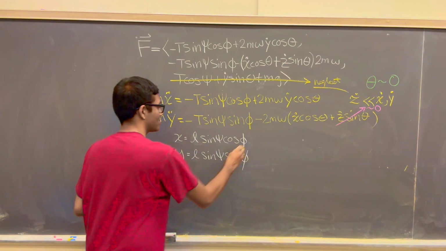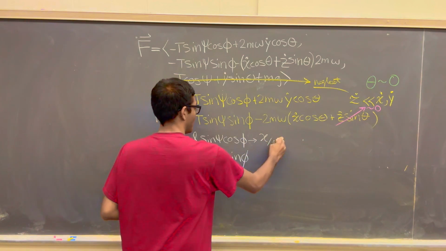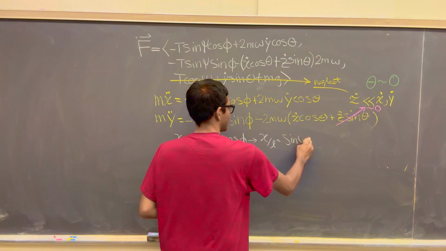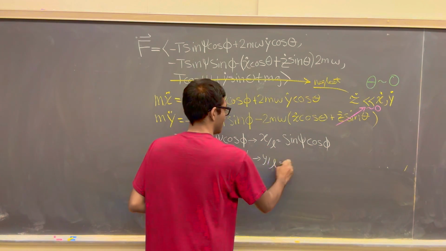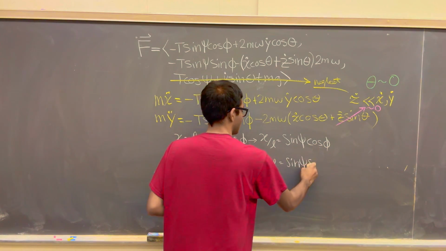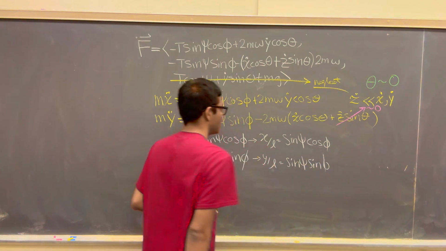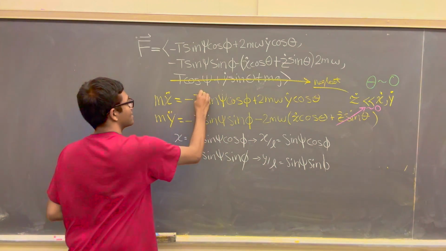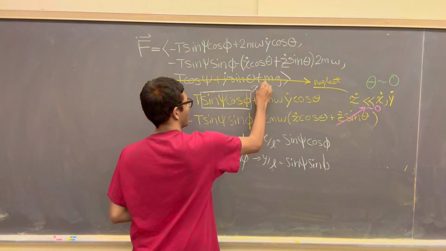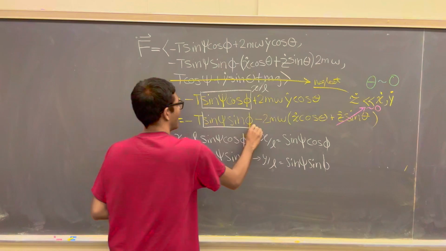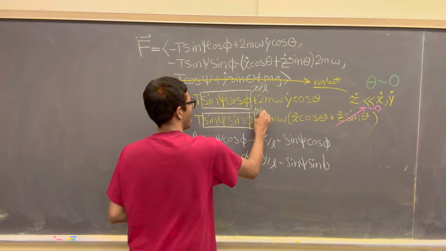So if I solve for x over L, x over L is simply sine psi cosine phi, and likewise y over L is sine psi sine phi. That means I can replace sine psi cosine phi with x over L and sine psi sine phi with y over L.